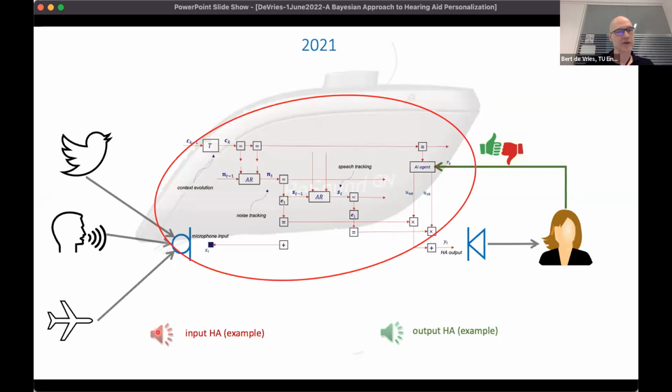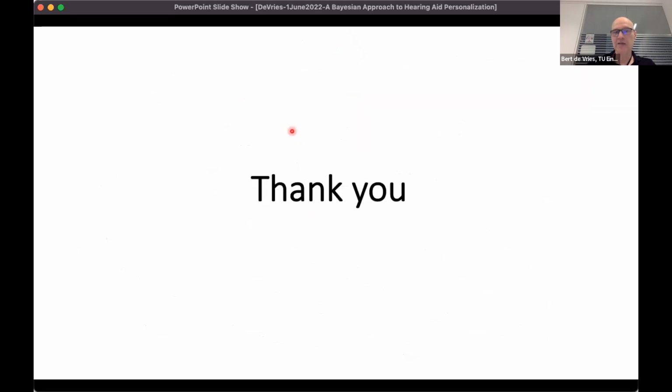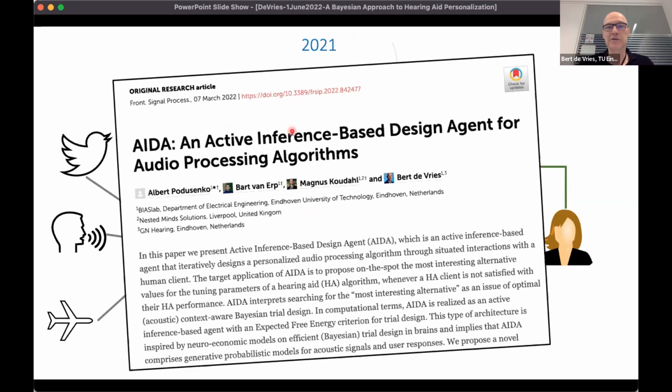So I will make that available offline. And if you want to read everything about it and also see where you can download code, there's a recent paper in March 2022. So this is the most recent version. That is all I have to say, because I didn't want to make it very technical. And so I'm open for questions, if you will. Thank you.